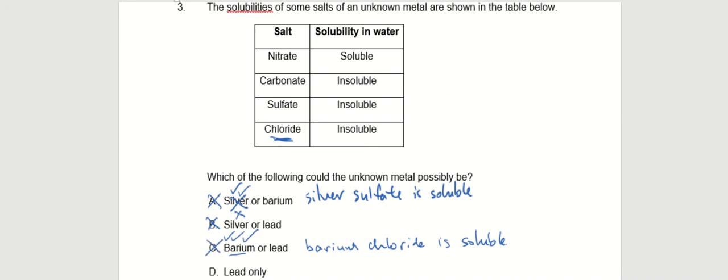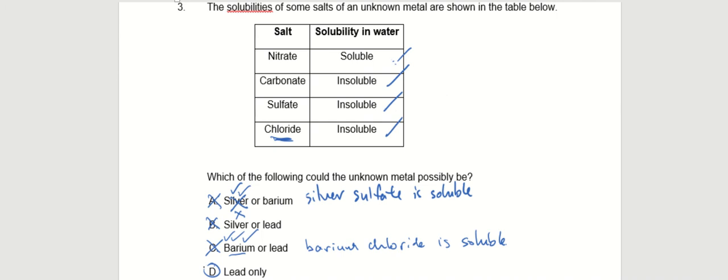So that leaves us only with D. So let us check. Lead nitrate is indeed soluble. Lead carbonate is insoluble. Lead sulphate is insoluble. And lead chloride is insoluble. So lead is the only option where all the solubilities of these different salts match what is in the table.